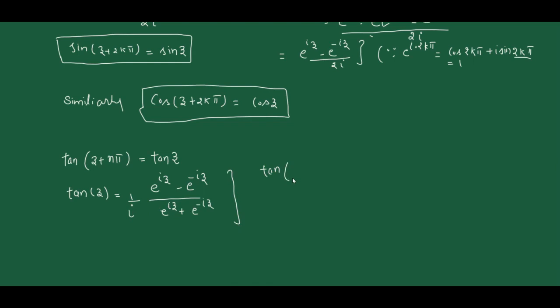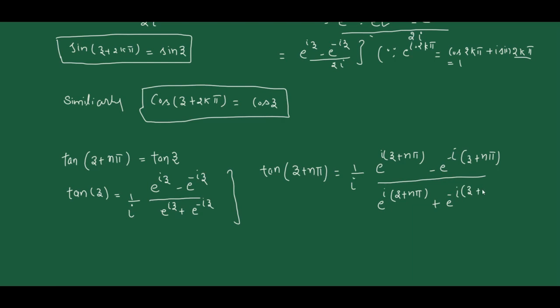So tangent of z plus n pi will be 1 by iota e raised to power iota (z plus n pi) minus e raised to power minus iota (z plus n pi). Similarly, in the denominator, you can write e raised to power iota (z plus n pi) plus e raised to power minus iota (z plus n pi).